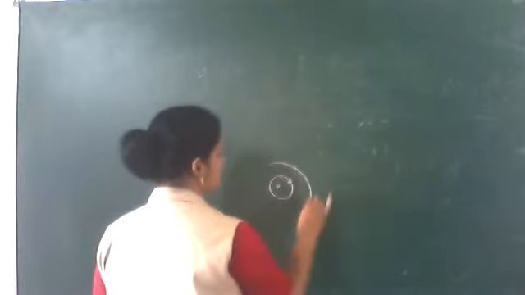That is minus 2.18 into 10 to the power minus 18, Z square means 1 square upon n square, 5 square, that is 25. So I am going to write 0 minus, minus 2.18 into 10 to the power minus 18, 1 square upon 25.